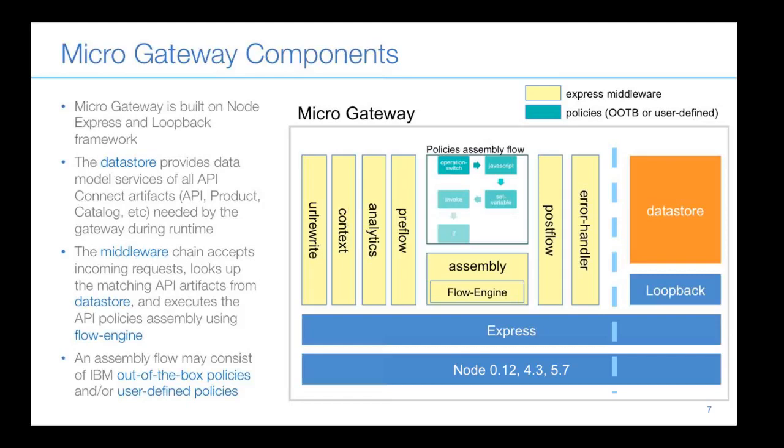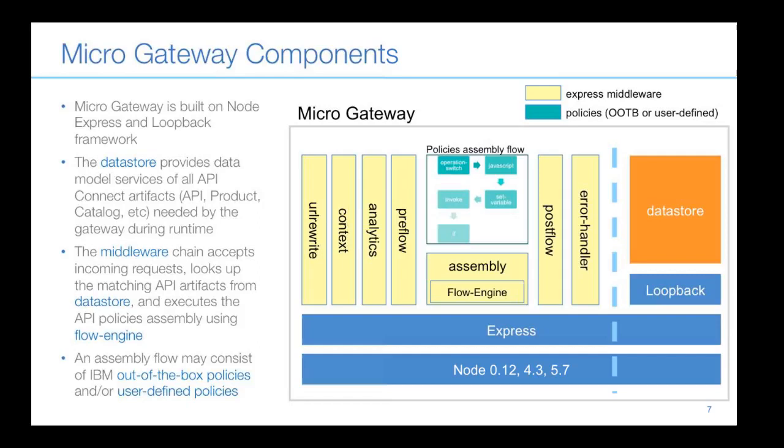What the preflow does is look at the incoming API request data, including headers, URI, and so forth, and send a request to the data store, trying to find out what is the API that I should use to fulfill the incoming API request. Okay. If it finds the API definition that matches the incoming request, it also performs the security check and also rate limit enforcement. That's what the preflow middleware does.